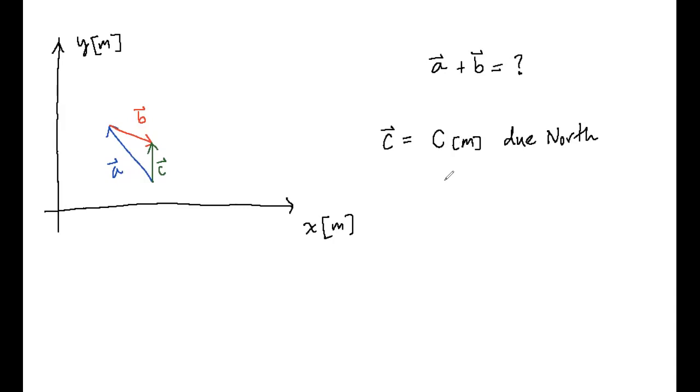You could also say something like C meters, 0 degrees west of north, if you wanted to give an angle. In this case, it's 0 or close to 0, but that's how you describe it. Okay, so that's how you add vectors.